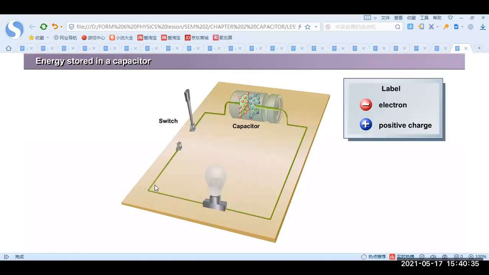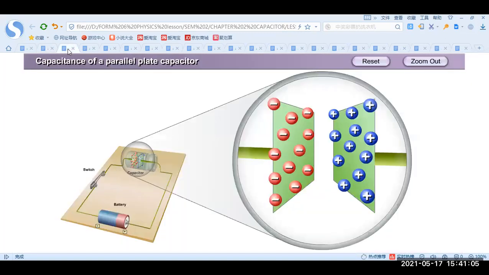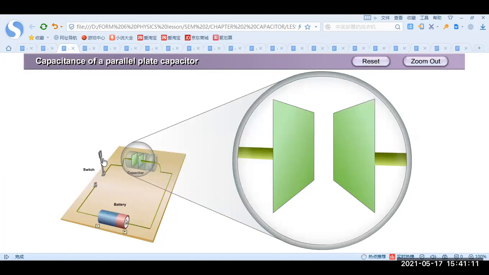Now, how about the energy stored in the capacitor? The positive charge and negative charge are stored. We notice that when the switch is connected, current flows. Once the capacitor is fully charged, the current will go off.